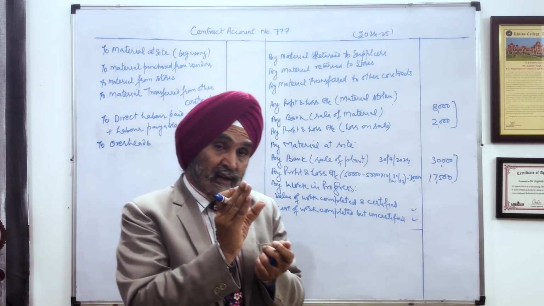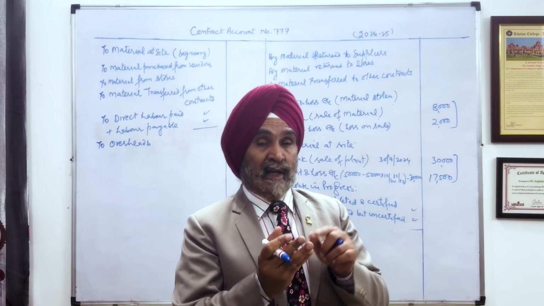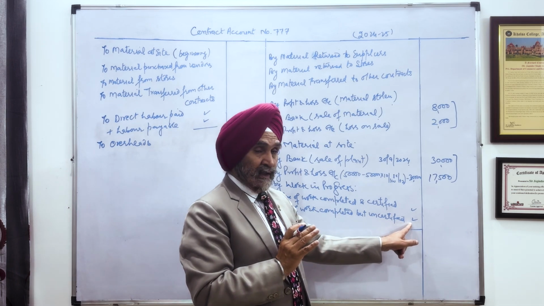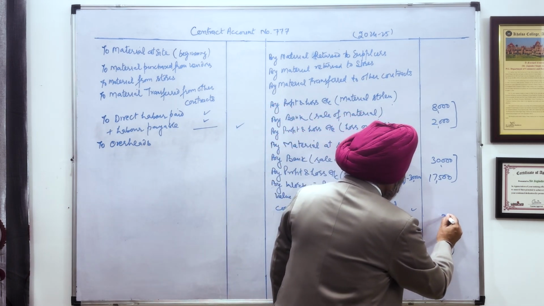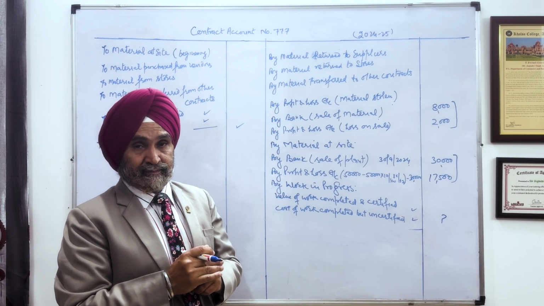Cost incurred in that 1 month. It may be material, it may be labor, it may be overhead, it may be any other expense. That cost we will write here, and the total of the two will be our work in progress.